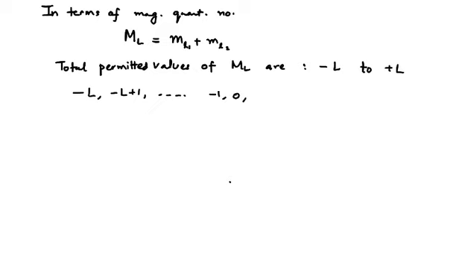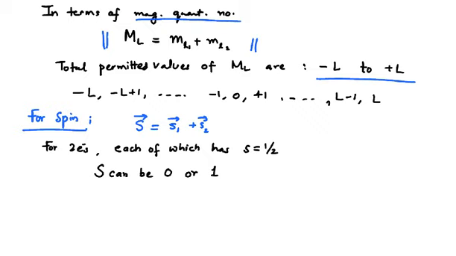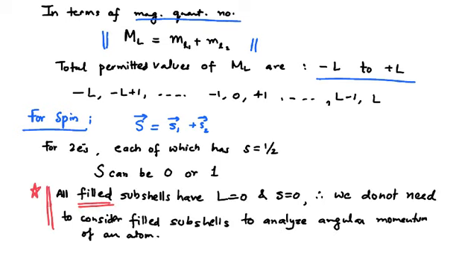It will also have 0 and then L minus 1 to L. Now what happens for spin? For spin, the rules are identical. That is, total S vector will be the vector sum of individual spins. So for 2 electrons, each of which has spin equal to 1/2, total S can be either 0 or 1.